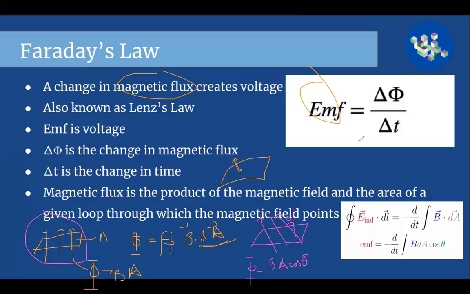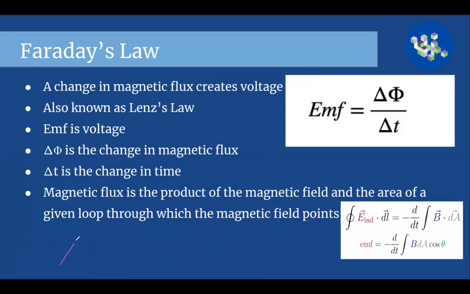Now, what Faraday's law tells you is that if I have a flux and it's changing over time, that would generate a voltage. It's formally called an EMF, but you can think of it as voltage. So an example of this would be if I had a current loop. Initially, it has no current, and there's zero magnetic field in the beginning.